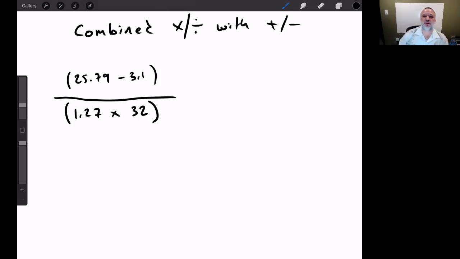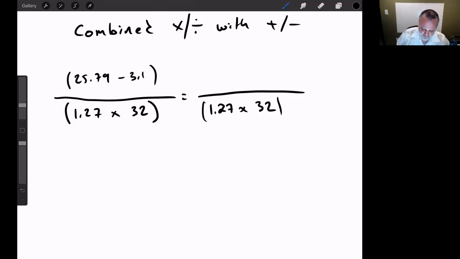And so let me show this in process. So let's do the top. I'm not going to do anything with the bottom right now because I'm not changing that. But let's do 25.79 minus 3.1. And it's okay to continue to just write what your calculator has.